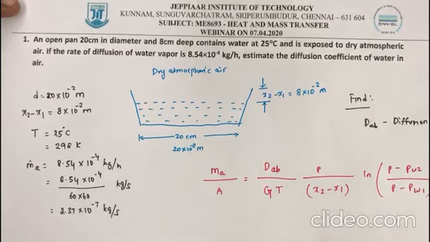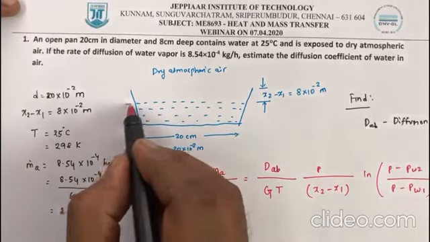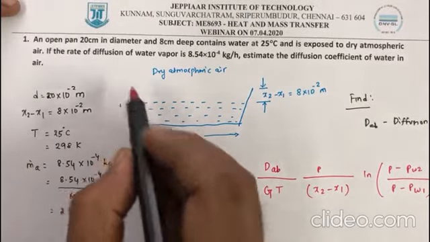G is the universal gas constant, T is the temperature, P is the total pressure, which is usually atmospheric pressure, and PW1 and PW2 are the partial pressures at position 1 and 2. So this is position 1 and this is position 2.